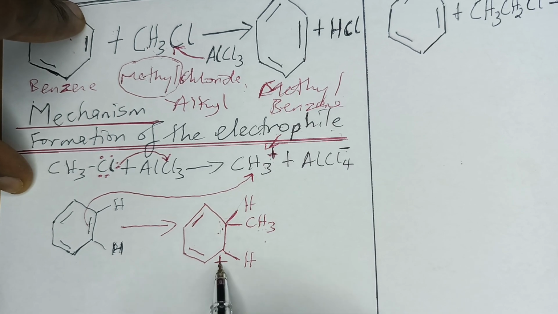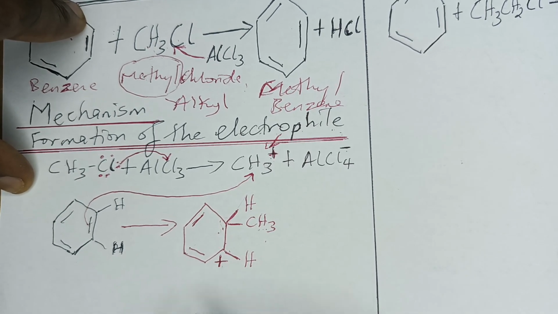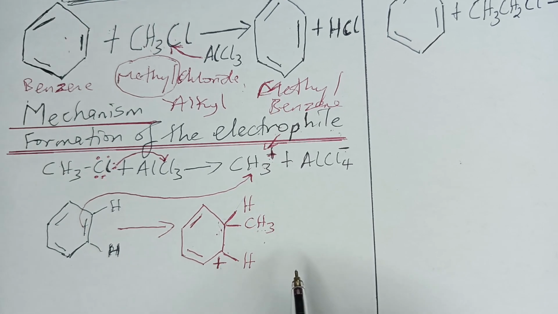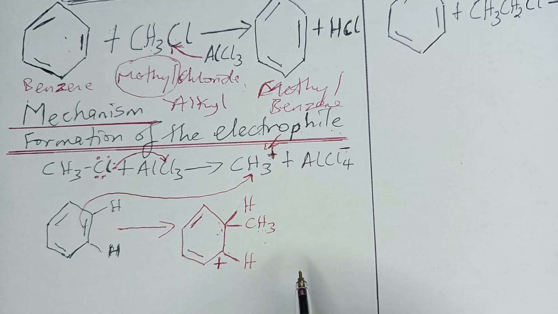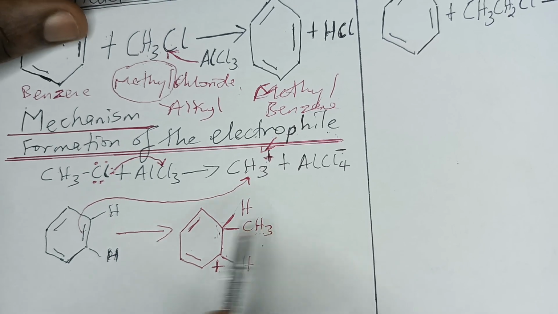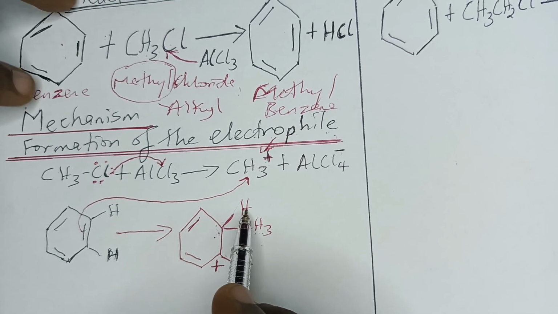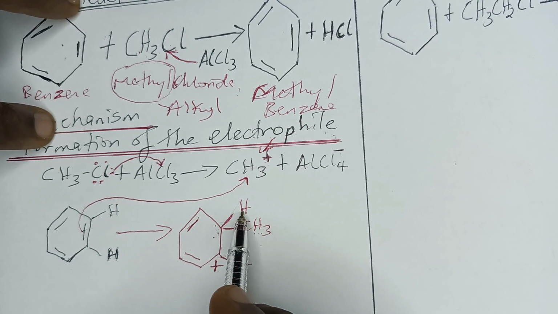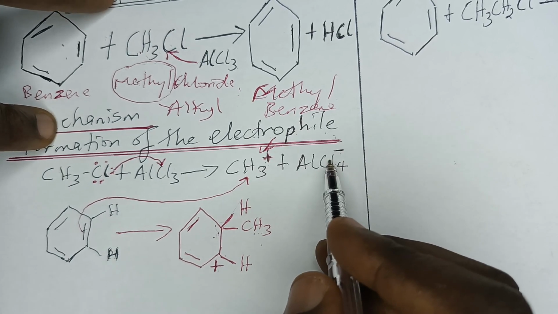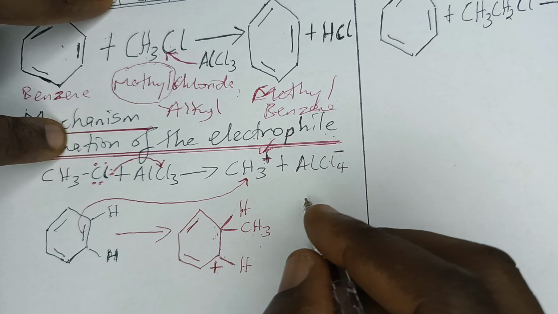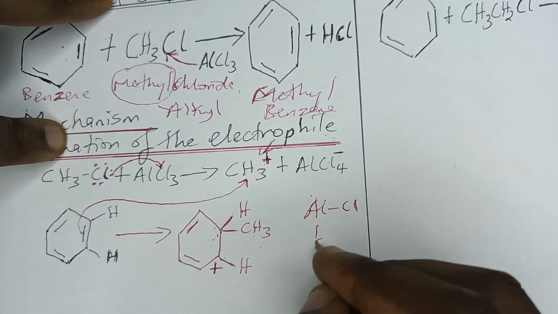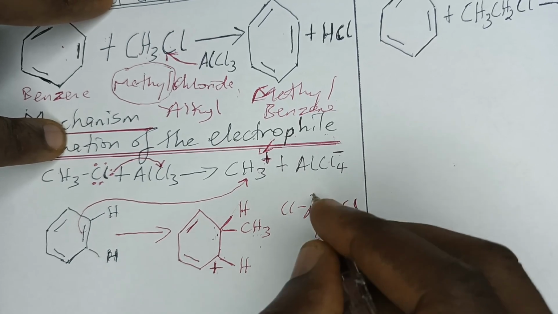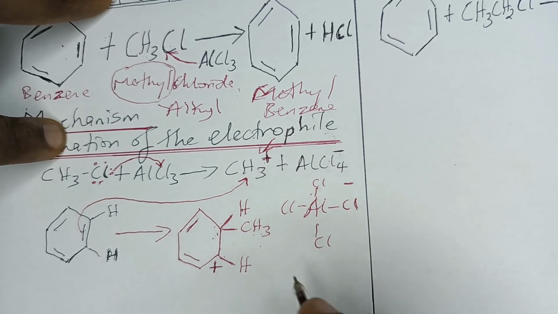And what happens after this positive is there? This hydrogen will be attacked by one of the excess chlorines here, because naturally this is aluminum surrounded by chlorine, and there is a negative.